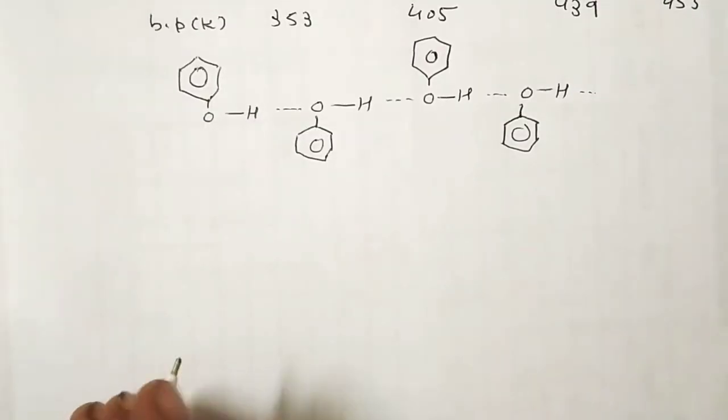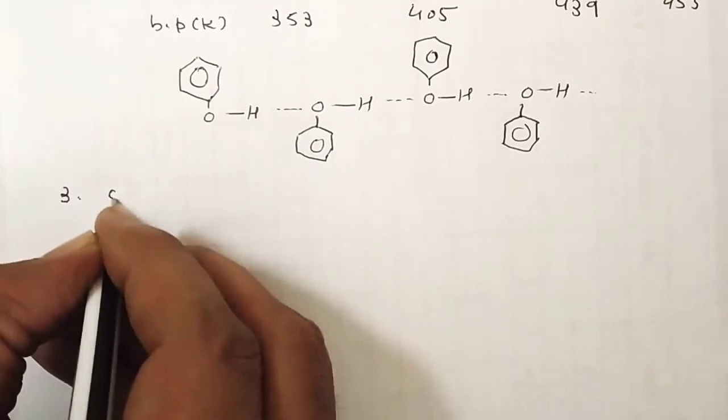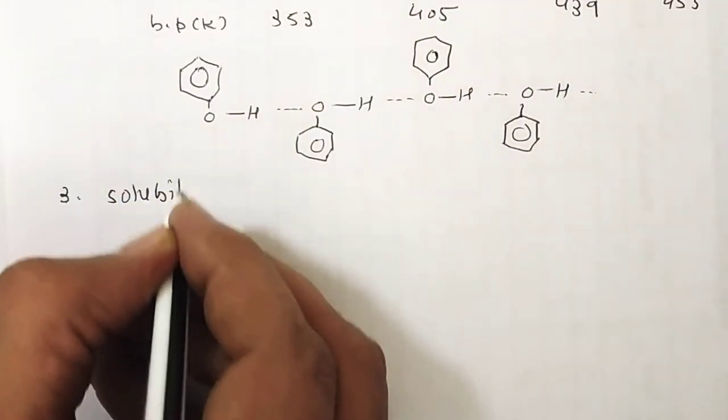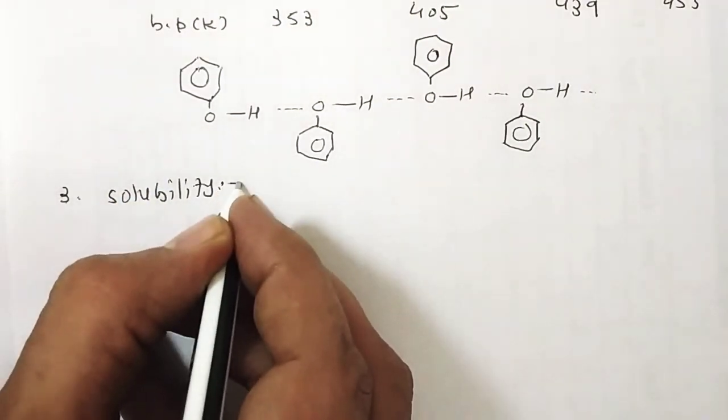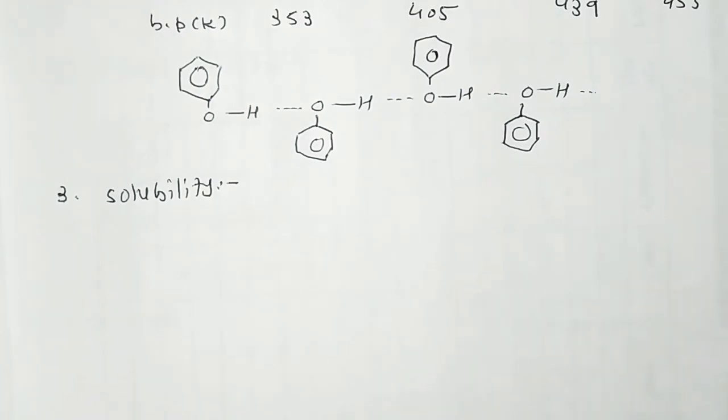Now after the completion of boiling point, we switch over to another portion, which is solubility. In the case of solubility, we know that the solubility of alcohols and phenol in water is due to their ability to form hydrogen bonds with water molecules.